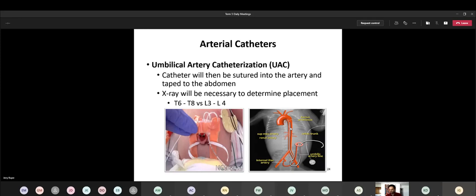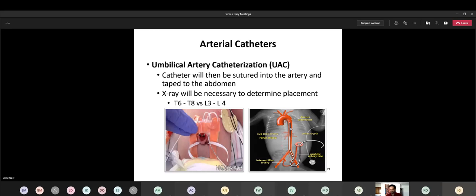And it'll show up as white because there's a radiopaque line, just like the radiopaque line on your ET tube. There's one on this catheter as well. So that way, when you look at your film, it'll show up as white. Now, on this side, you can't really see it, but you would have to use your imagination. You know that this has to be the inferior vena cava on this side.